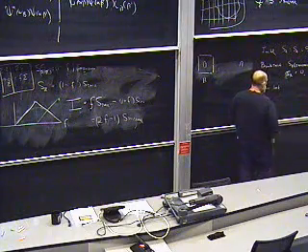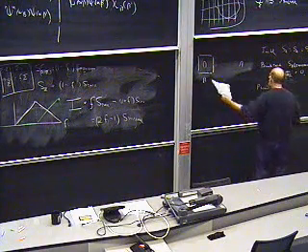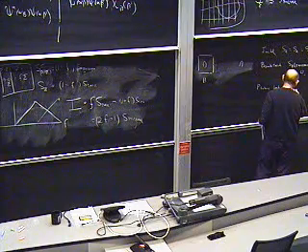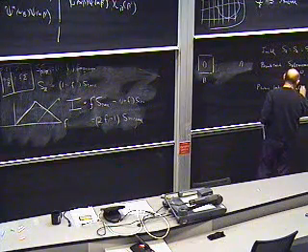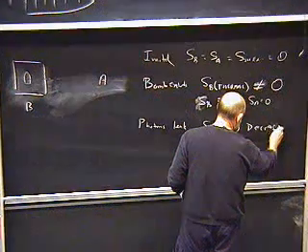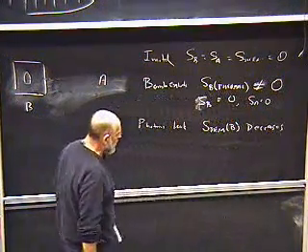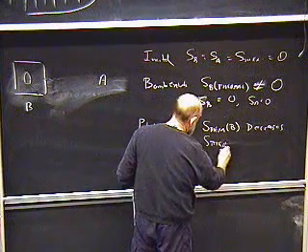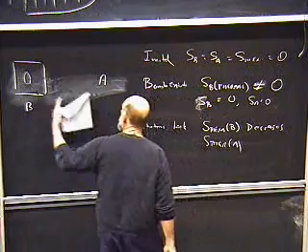What happens? The thermal entropy, S thermal in B, decreases, of course. Everything's leaking out of B. S thermal of A begins to increase.